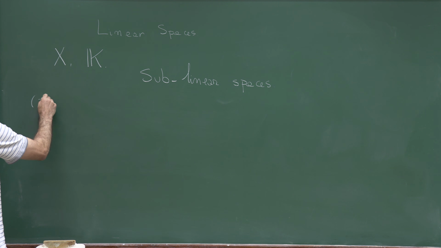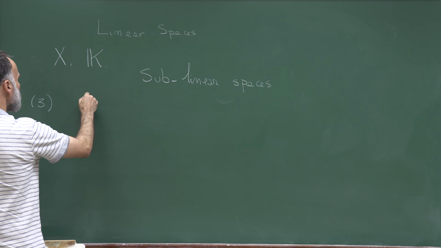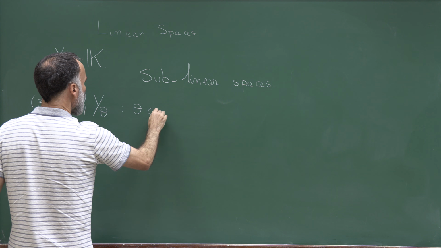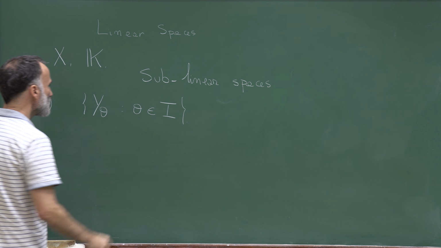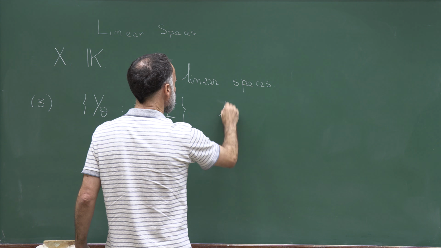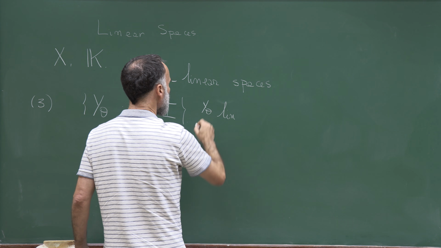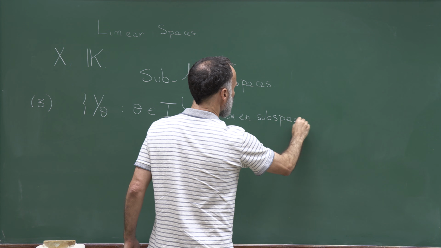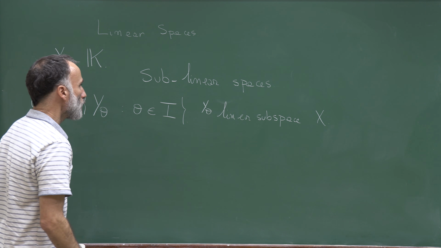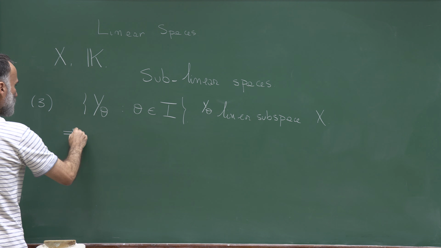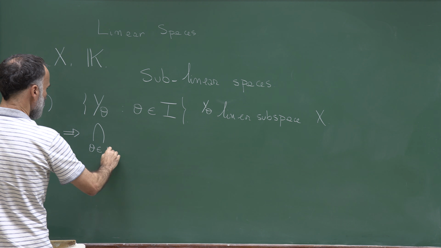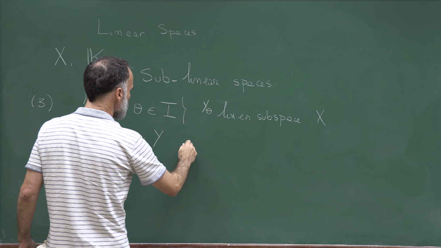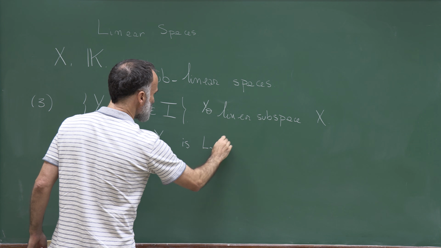Now, a third property is that assume that you have a family indexed by some set I. Assume that you have a family of linear subspaces. So I'm assuming that Y theta is a linear subspace of X. And what I claim is that the intersection of Y theta, let me represent this intersection by Y, is also a linear subspace.